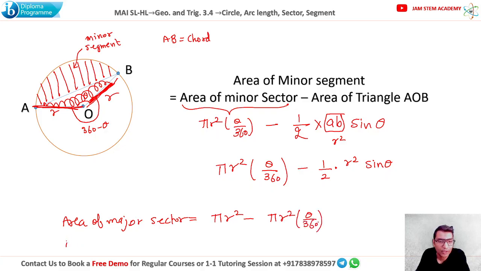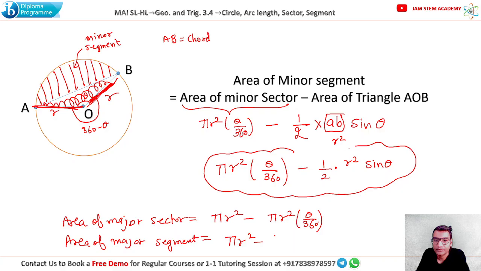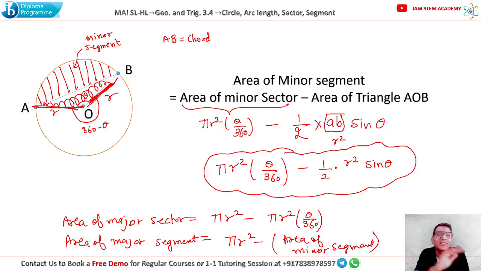And for the area of the major segment, you can use pi r squared minus the area of the minor segment. Make sure that you do not get confused between the segment part and the sector part.